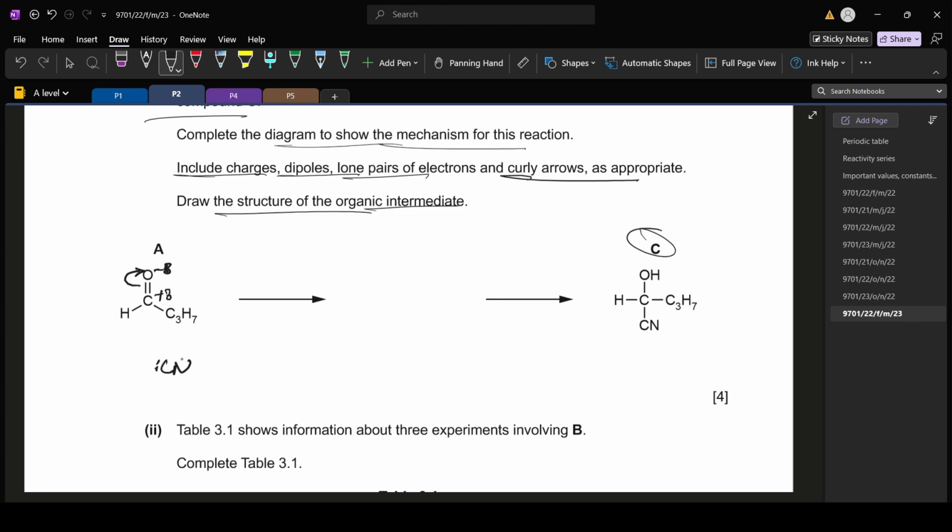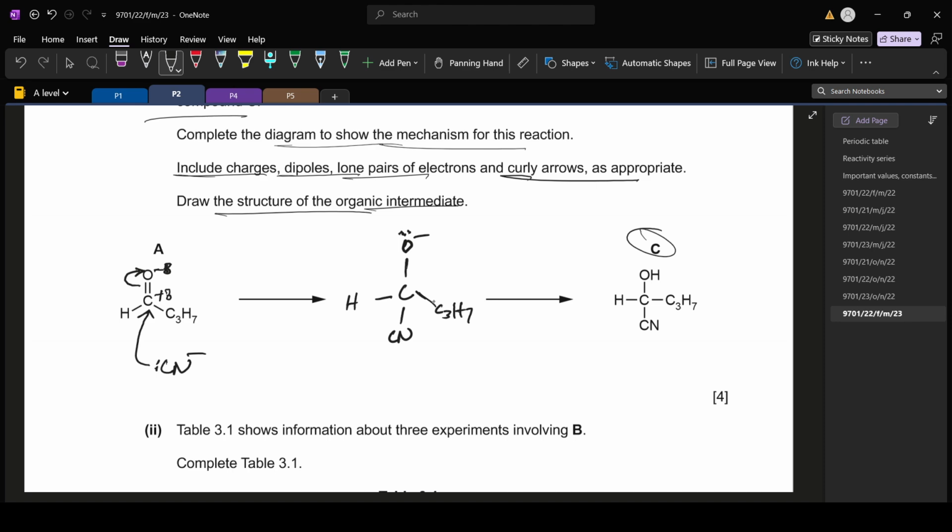So this lone pair of electrons will attack this carbon. This double bond will break and it will form oxygen negative with a lone pair, and this cyano group will be attached.